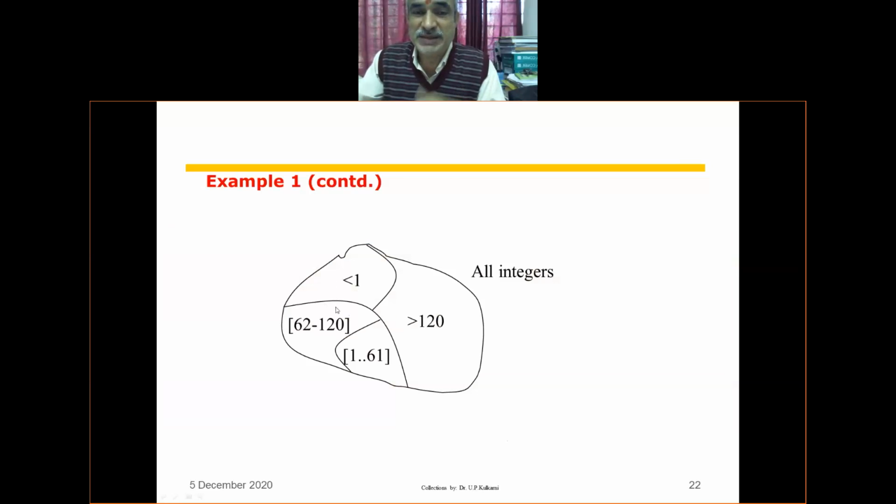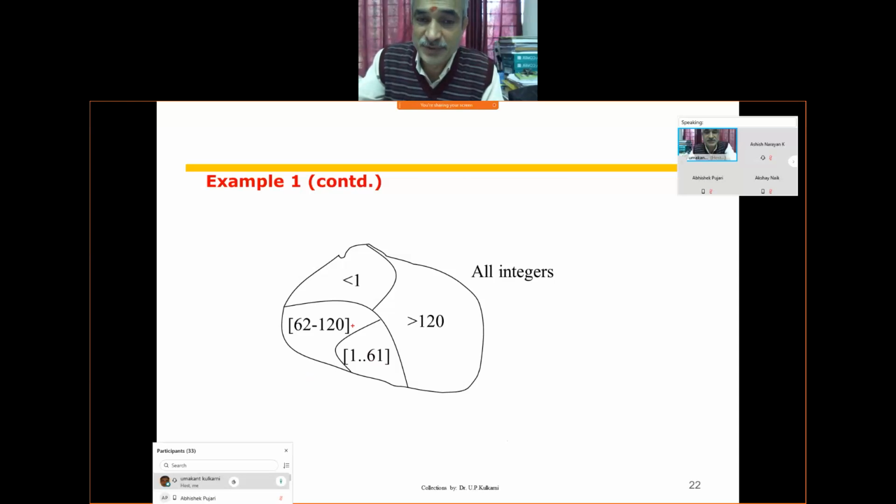It may so happen that there may be several partitions. The behavior of the system, sometimes for the values 60 to 120, senior citizen may be different. Non-senior citizen may be different. And specially privileged old age people greater than 120 years, probably something may be different. And age less than one, maybe babies, your software may be treating them differently.